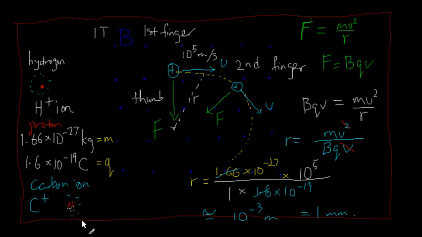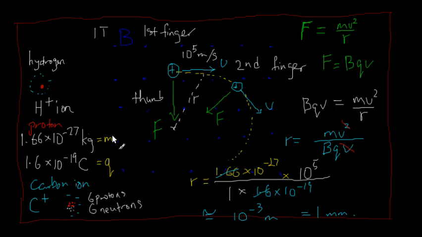Now the electrons are very light, so at the nucleus, at the center, there would be 6 protons and 6 neutrons. A proton is roughly as heavy as a neutron, or very nearly.